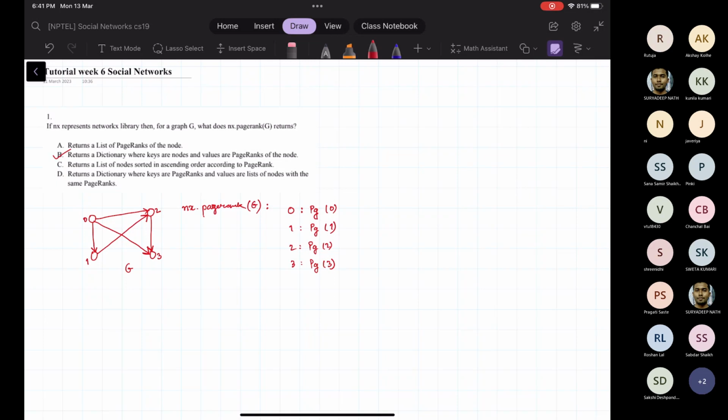Someone is asking how to calculate the density of communities. This is not related to this assignment, but for calculating density, you take the ratio of the number of edges present within the community and the maximum total number of edges that can exist within the community.